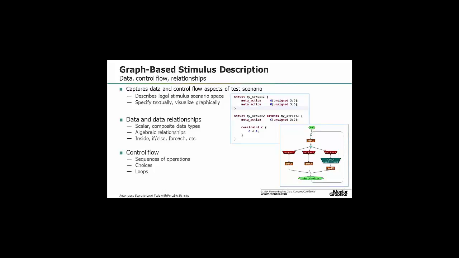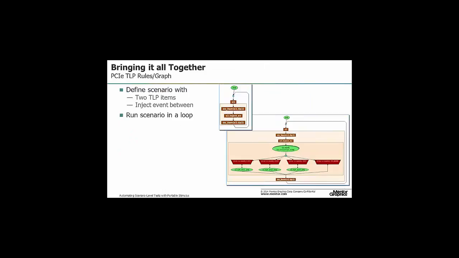It also adds a constraint that shows an algebraic relationship between 2 of the variables. And the language also contains constructs for control flow, like sequences, repeat loops, and choices, as you can see in this graph here.